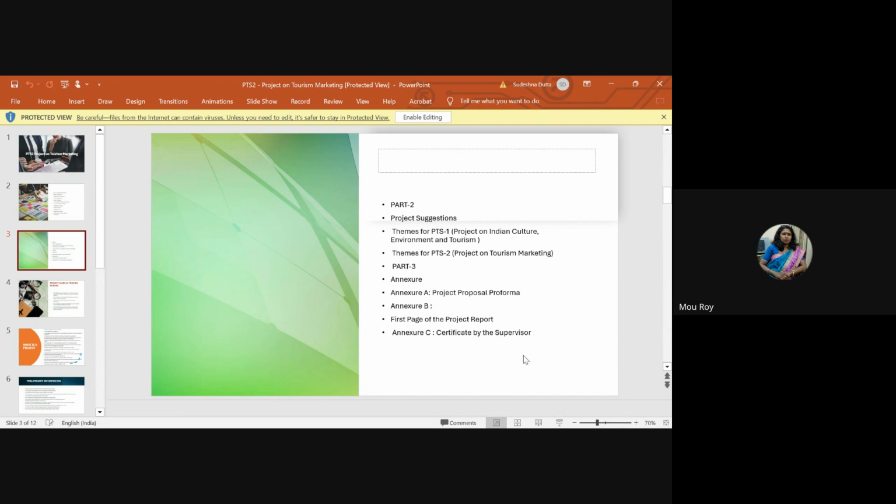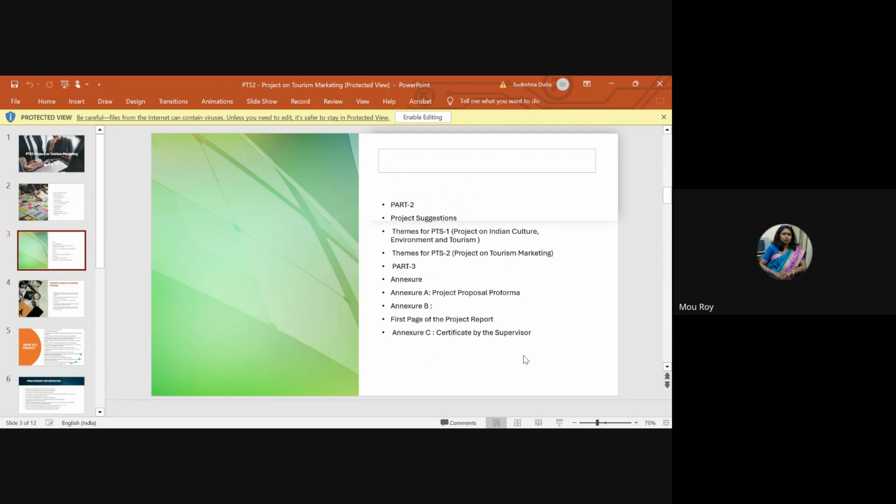It need not be Indian culture; it can be your own culture, Nigerian culture, your environment, your flora or fauna, and also the tourism aspect. But this time, for PTS-2, the project is on tourism marketing.